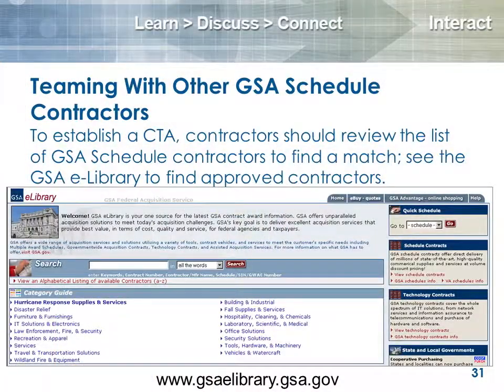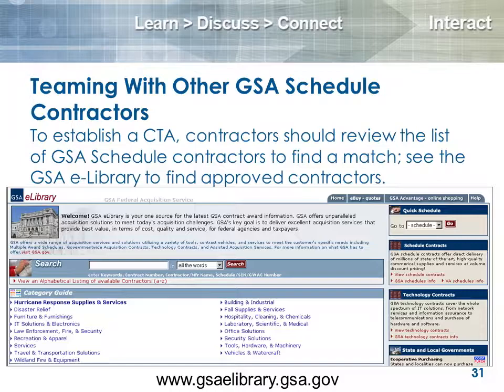So when we start talking about establishing that, this slide is written as if it were two contractors. But physically speaking, to establish a contractor team arrangement, the contractors need to understand what this whole solicitation is saying to them. Now, from the government perspective, when we issue a GSA schedule RFQ, we will identify that this is going to be a schedule buy, that it's off of schedule so-and-so, and that it is covering SINs, or special item numbers, such and such under that particular schedule.